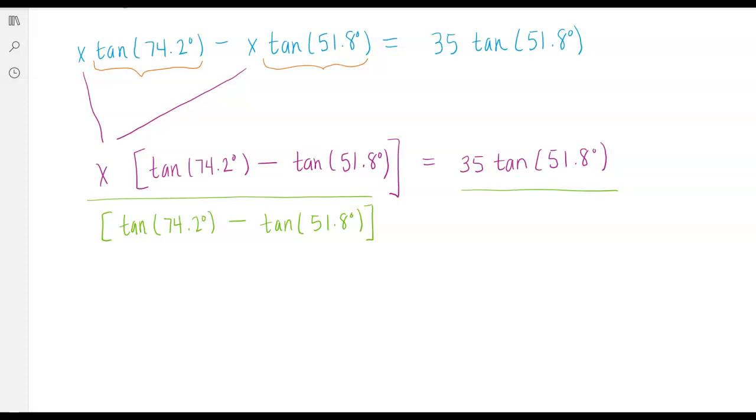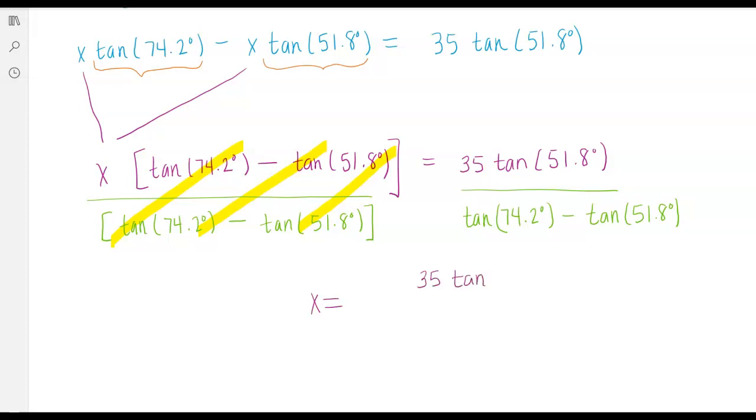Now I know you might want to plug this into the calculator and get decimal answers to make this simpler, but to avoid rounding error, which is where when you get to the end of a problem you're off by just a little bit, you want to wait until the very last step to enter things into a calculator. So this all cancels out, and I'm left with x equals this whole thing that now I will enter into the calculator.